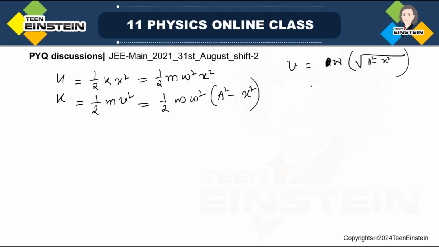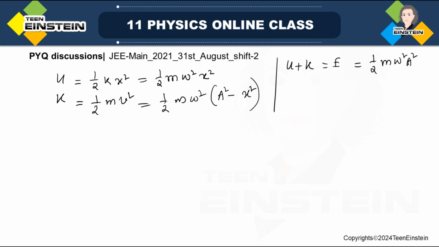Now let me just add them. At any instant of time, if you add these two, that is the total energy. The half m omega square x square and the half m omega square x square will cancel each other, so you'll get half m omega square a square.